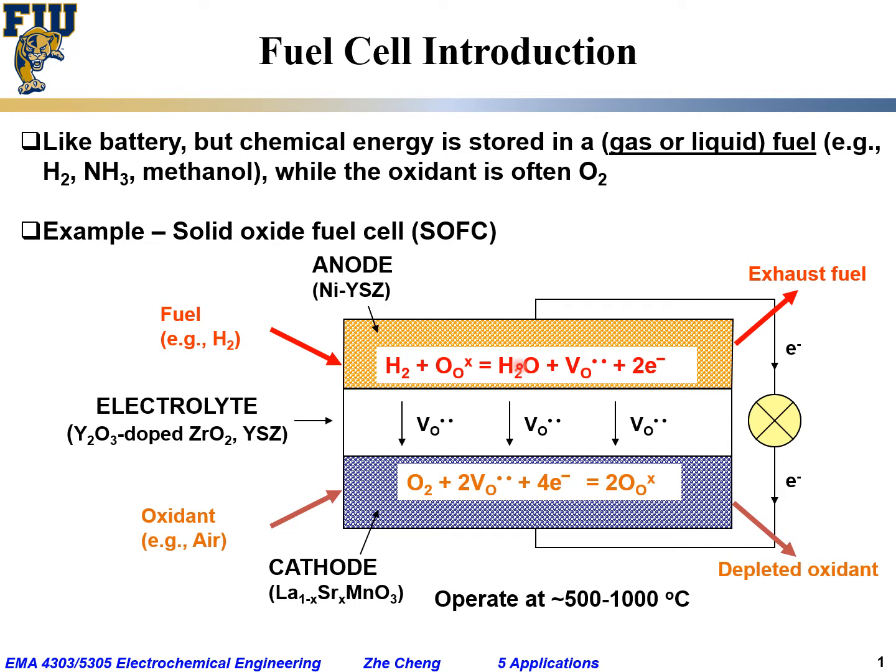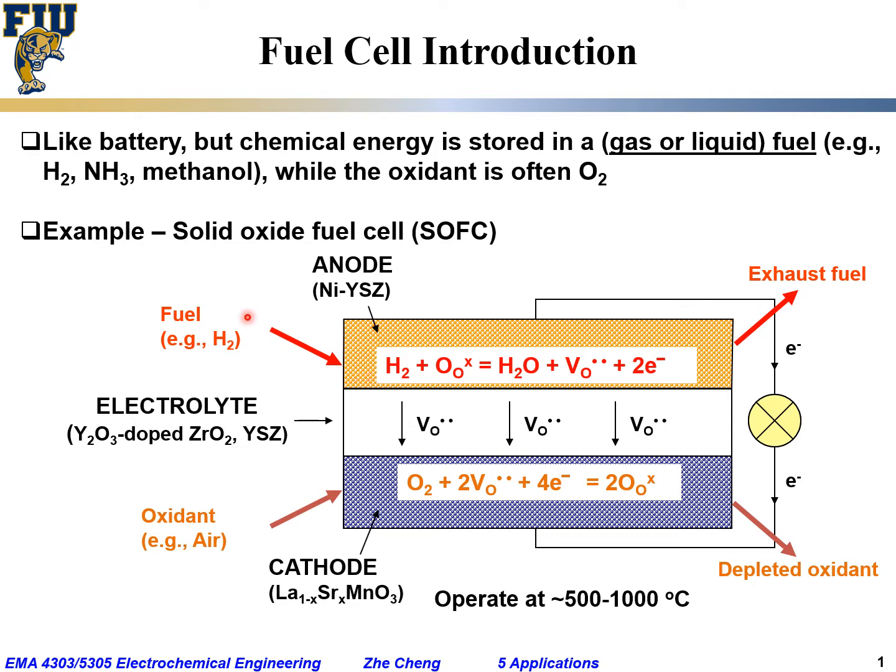Of course, in this case, we are talking about a gaseous water molecule. Create, as we said before, oxygen vacancy, V for vacancy, occupying an oxygen site with two positive charges, and also release two electrons. That is the so-called anodic or oxidation half cell.